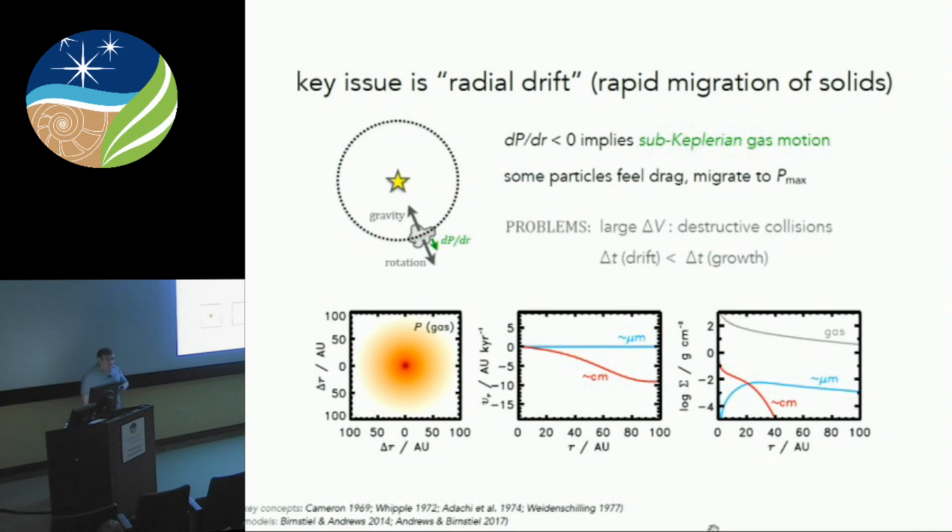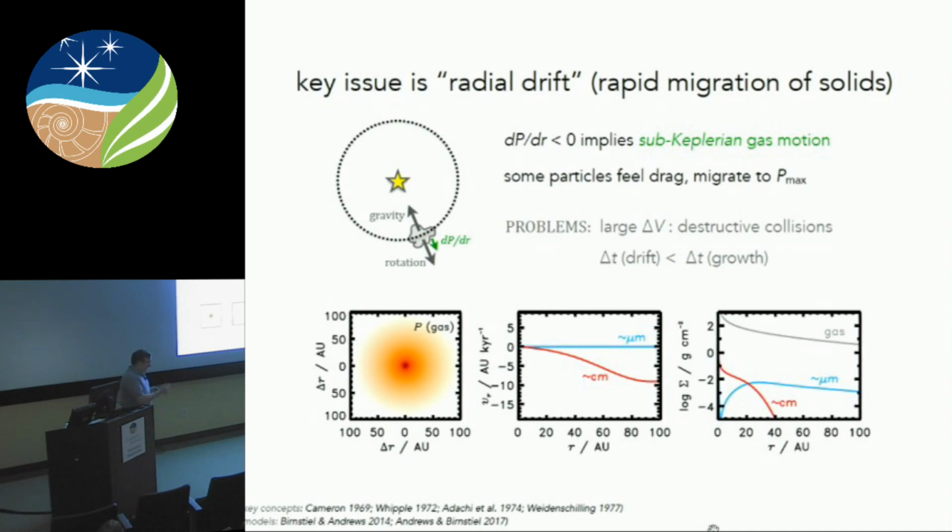So there's also fundamental microphysics problems with drift, and that is that the large relative velocities of these streaming-in particles could lead to destructive collisions, and the growth process needs to get bigger. If you fragment things, you're actually going in the wrong direction, and then you'll have a timescale problem for assembling.